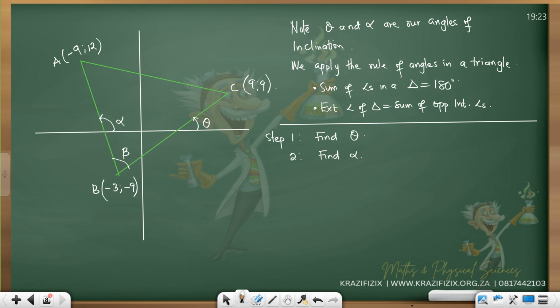Guys, let's work out the first one quickly. Step one. Share your answers. It's 56.31 degrees. I want to get answers from everyone now. We already have an answer to work towards. Don't know if it's correct, but let's work towards it. Everybody, we need to confirm.